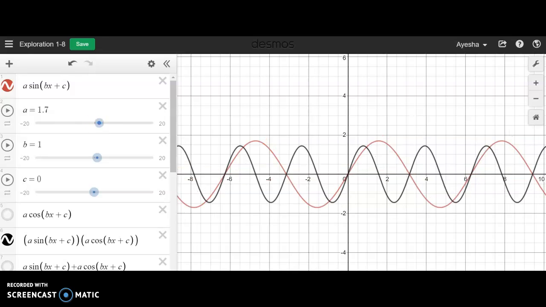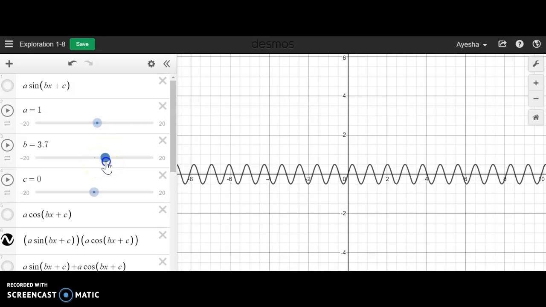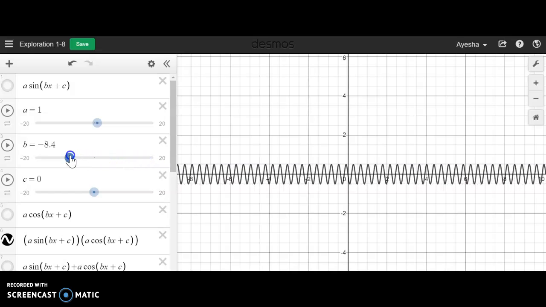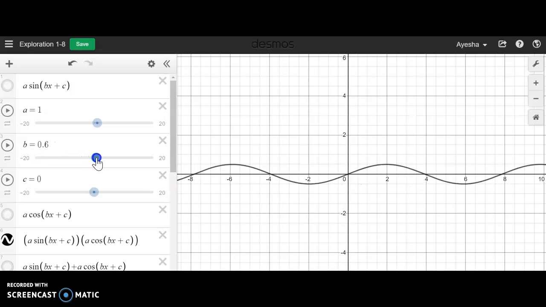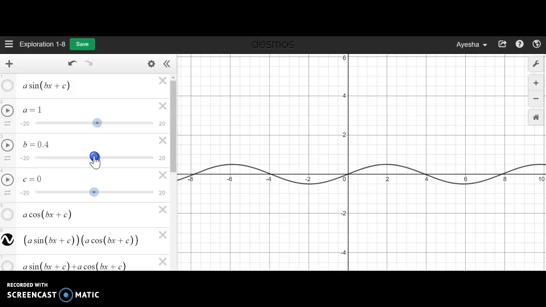Okay, so let's take this graph back out. Let's see what happens when we're changing the value of b for this. So it seems to be doing kind of a similar thing to what we talked about when we were looking at f of x plus g of x. So since the period is 2 pi divided by b, the smaller that b is, the bigger the number that we're going to get when we divide 2 pi by a small number.